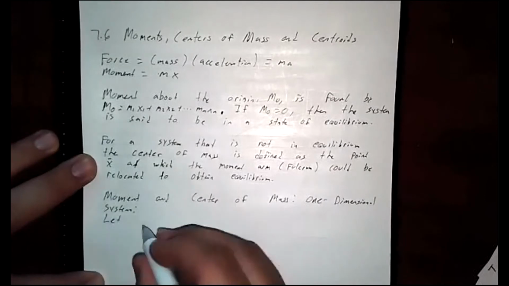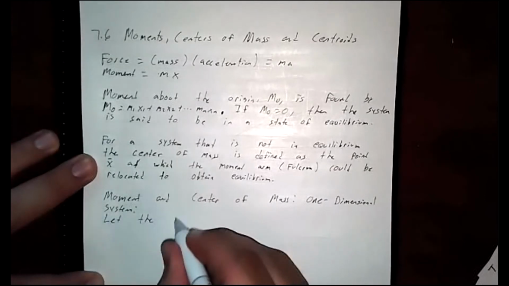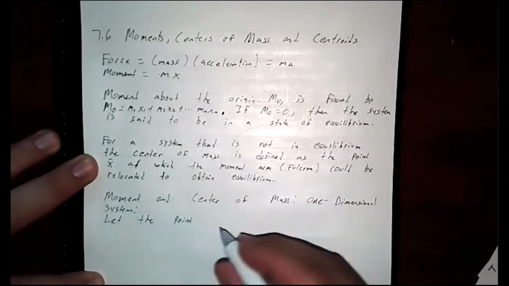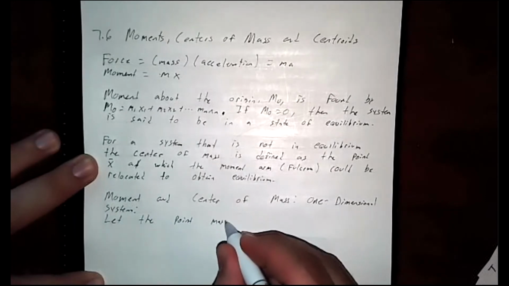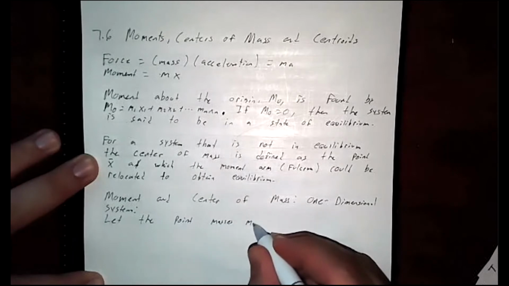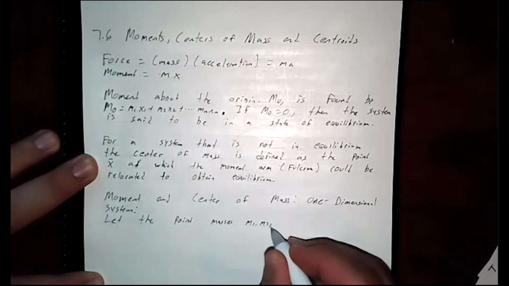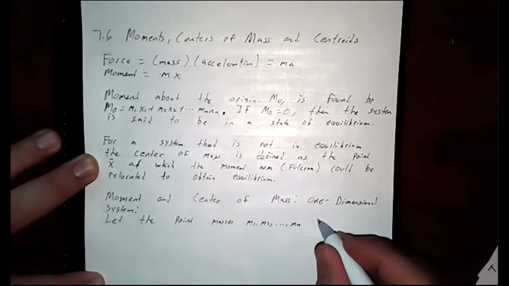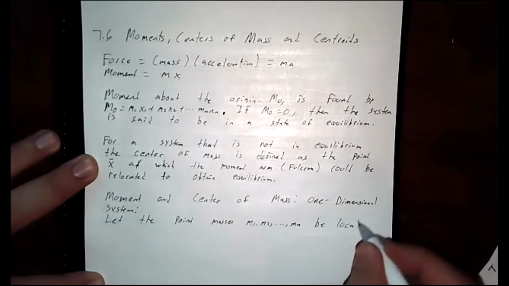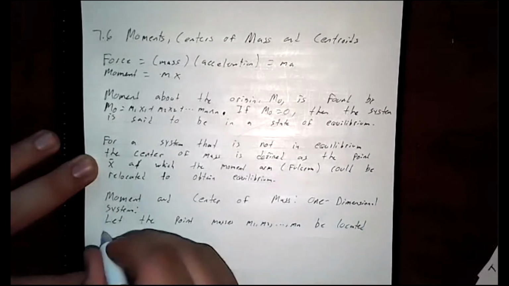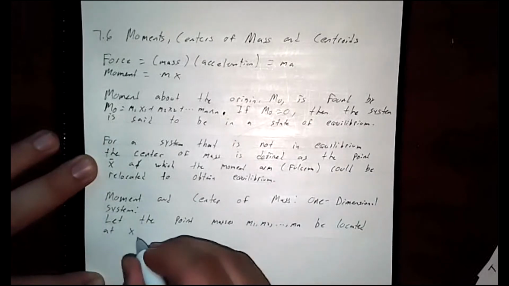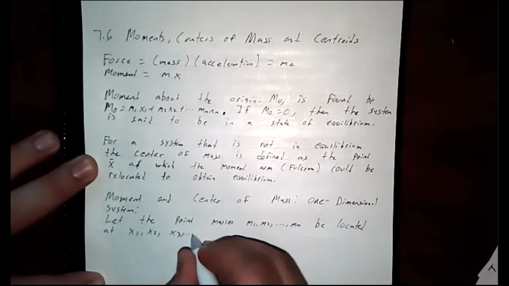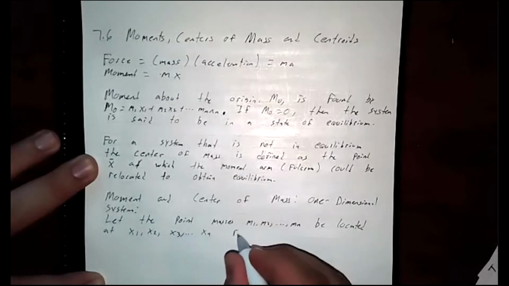So let the point masses m1, m2, all the way till mn be located at x1, x2, x3, all the way to xn, respectively.